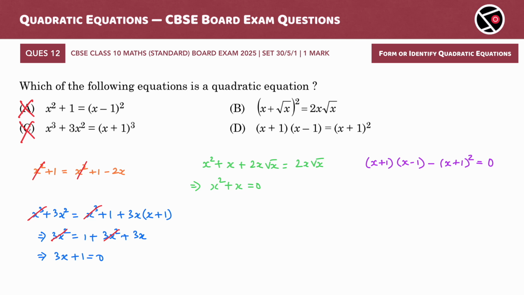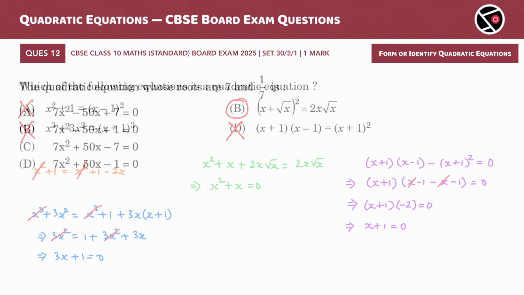We pull out the common factor x plus 1. x plus 1 minus 2 equals 0. x plus 1 equals 0. This is a linear equation, not a quadratic equation. So we drop option D. Therefore, the correct choice is option B.